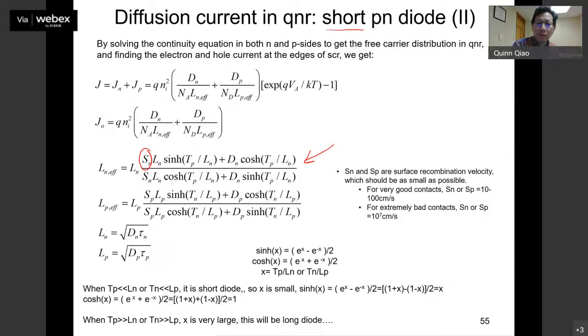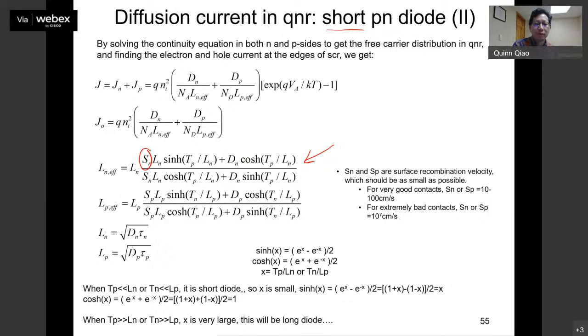Yes. Yeah, that's true. No, that's not true. The electron has its own diffusion length. That diffusion length can be thicker than the thickness. Your thickness has nothing to do with the electron's own diffusion length.